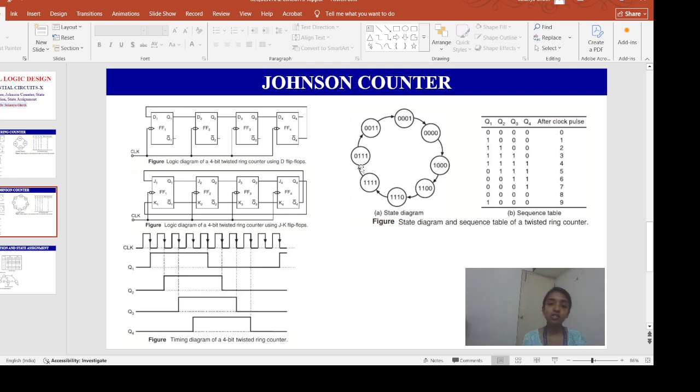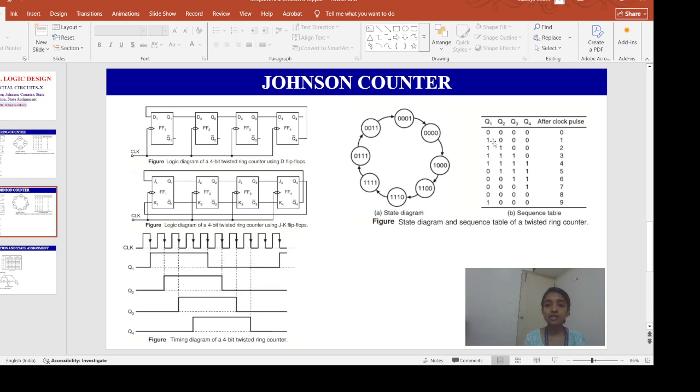This is the logic diagram of a 4-bit Johnson counter using both D flip-flops and JK flip-flops. This is the state diagram, this is the sequence table, and this is your timing diagram. Initially, let's say all these flip-flops are reset.